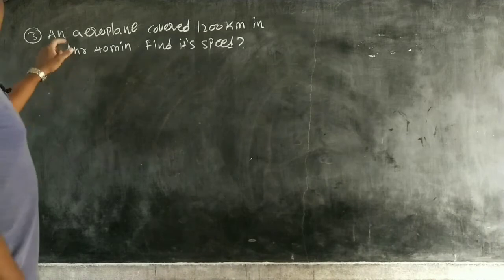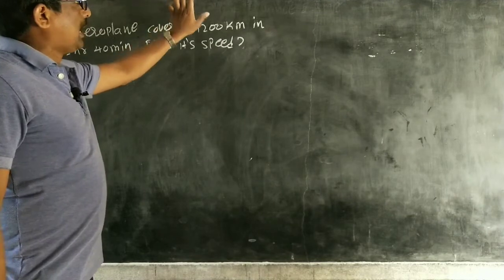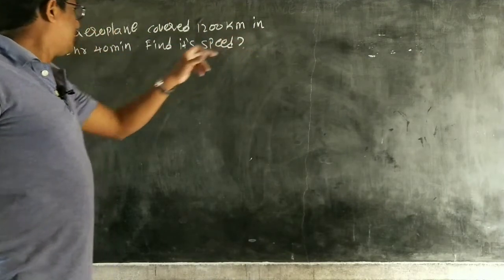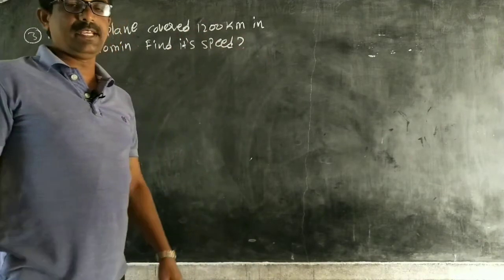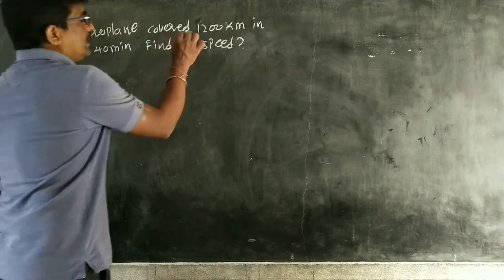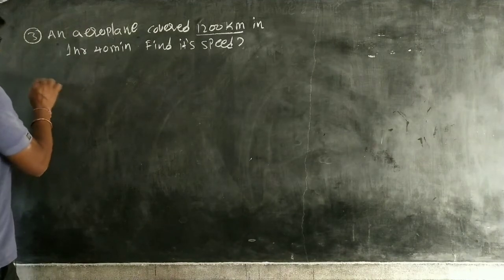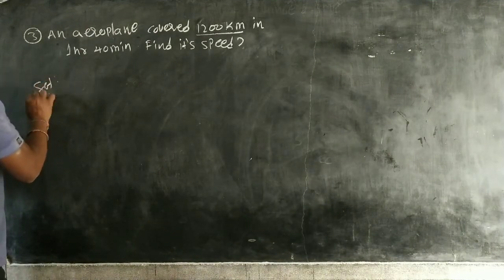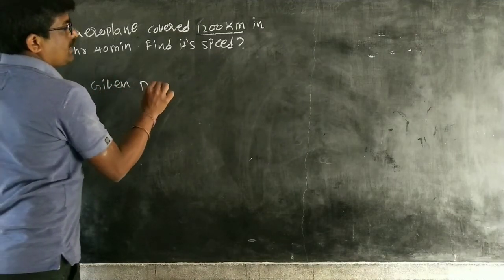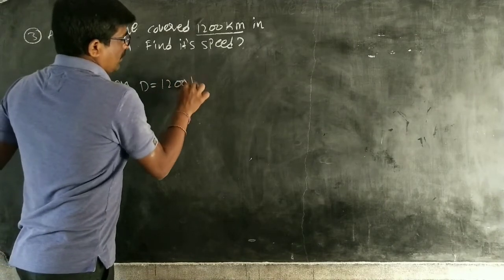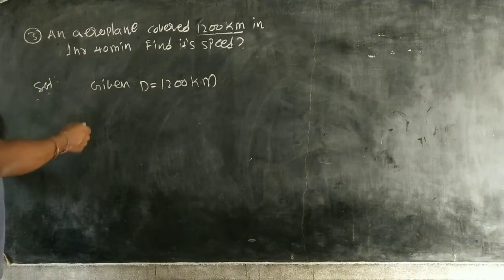Another problem. An aeroplane covered 1200 kilometers in 1 hour 40 minutes. Find its speed. So first, distance is given in kilometers. What we have to find? Find the speed. So given distance d is equal to 1200 kilometers. Next, time should be in hours.